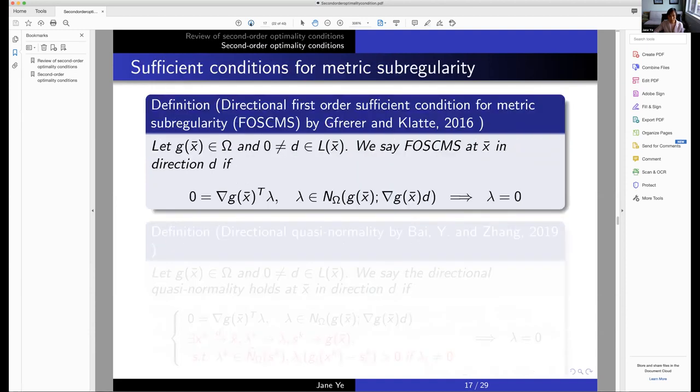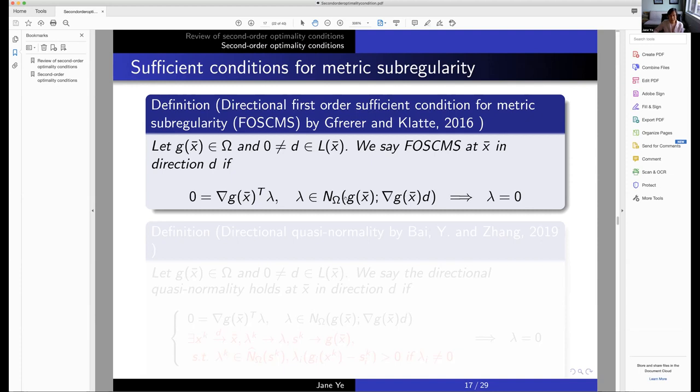Okay, so now we need some sufficient condition for metric subregularity. This is the so-called directional first order sufficient condition for metric subregularity. Suppose x bar is feasible, like our feasible point of the constraint, and D is in the linearization cone. Then this is the condition.